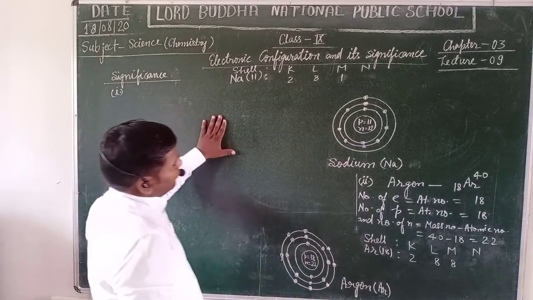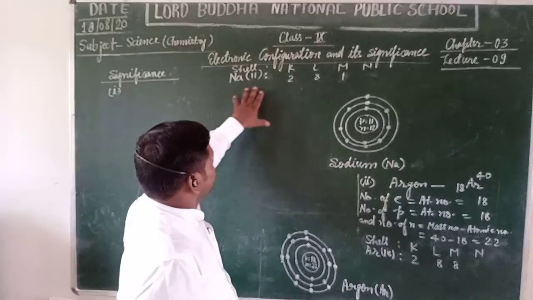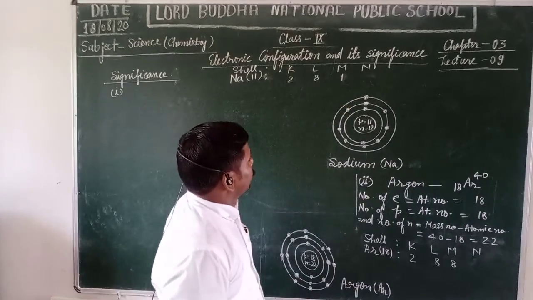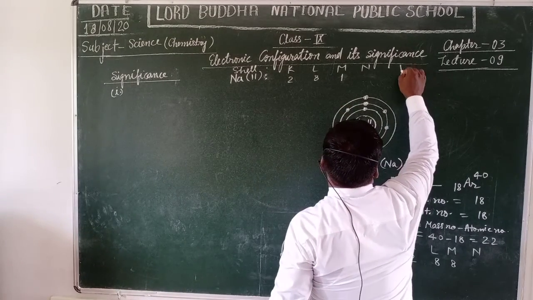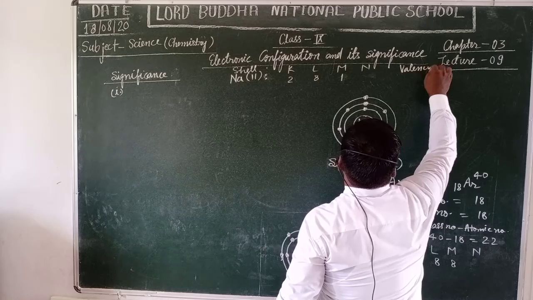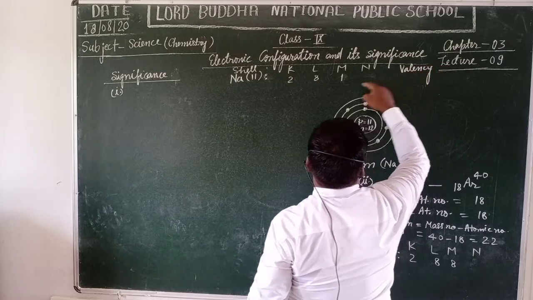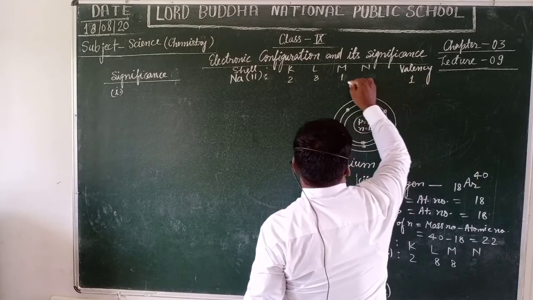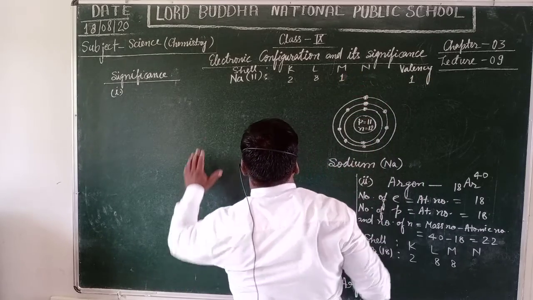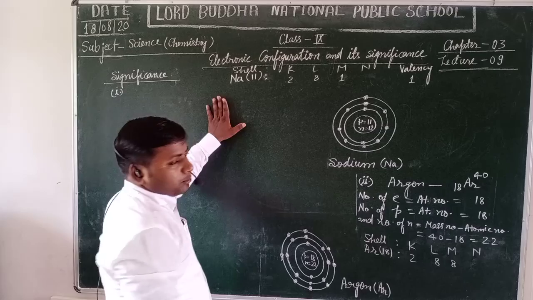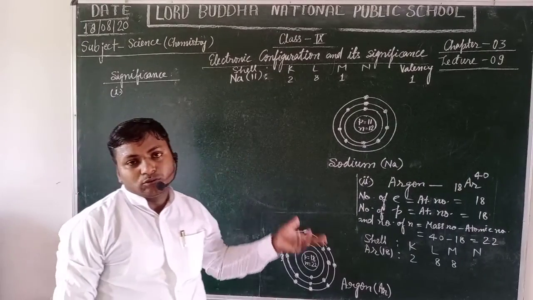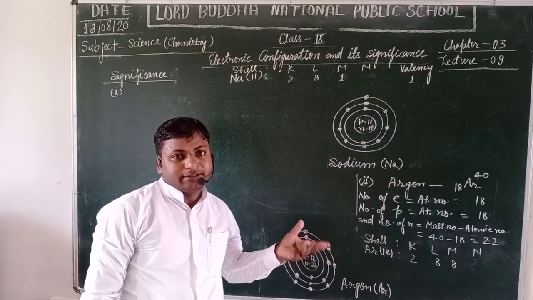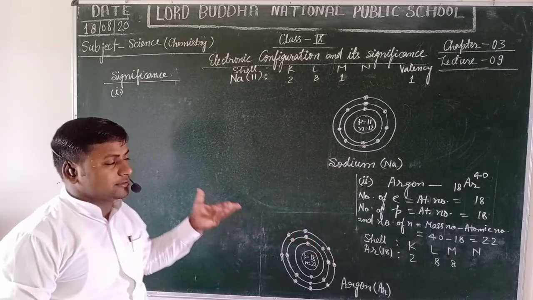Just as we find that in the last orbital or shell of the sodium element there is 1 electron and its valency is also 1. Because what is valency? The number of electrons present in the outermost shell of an element is known as the valency of the element.